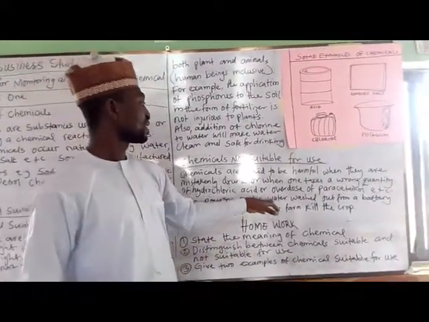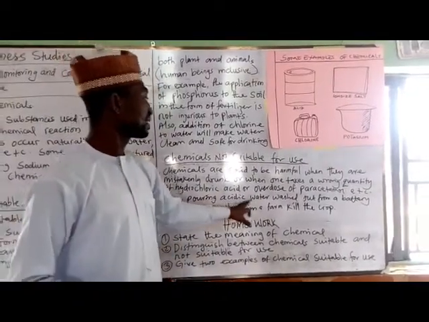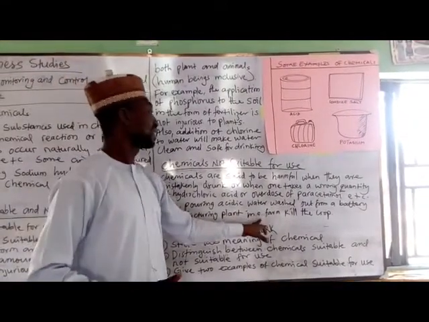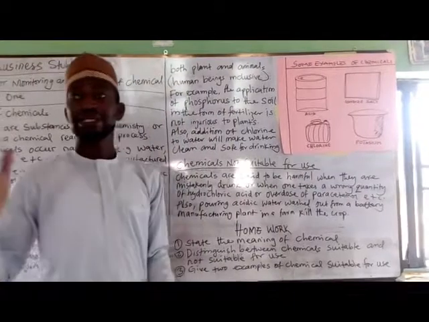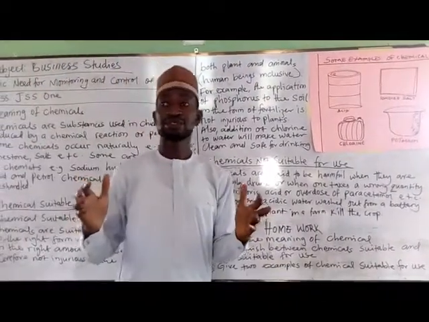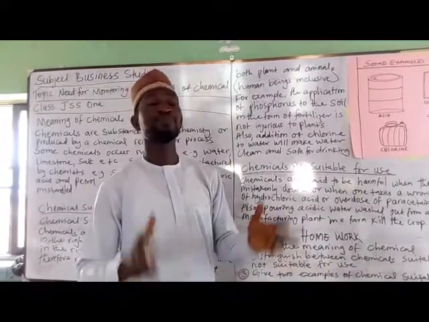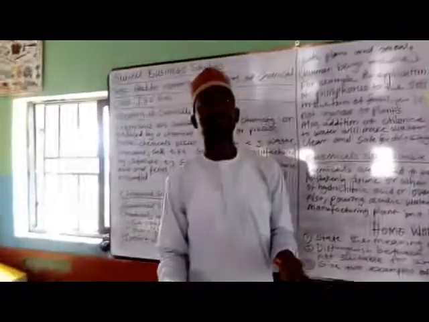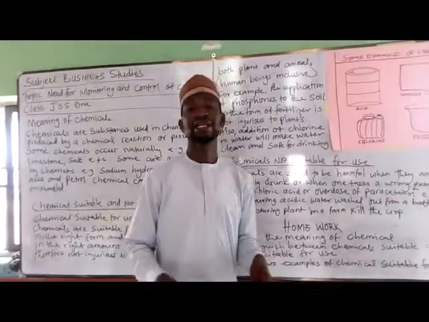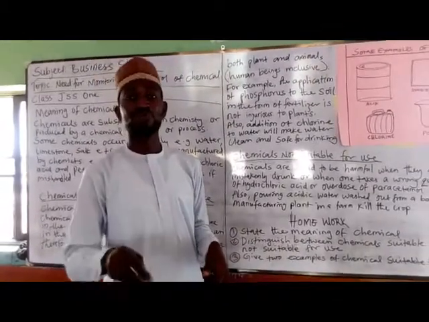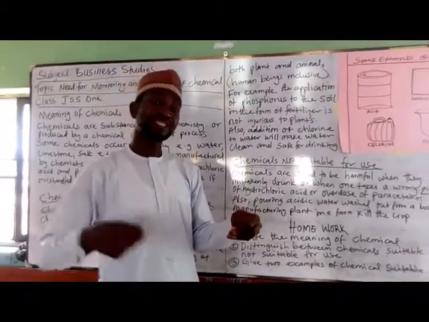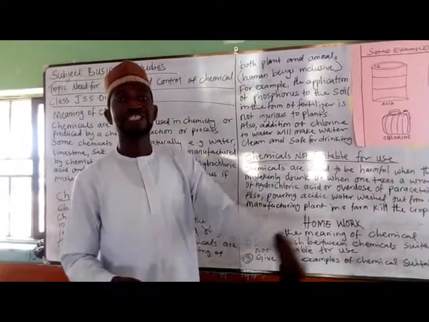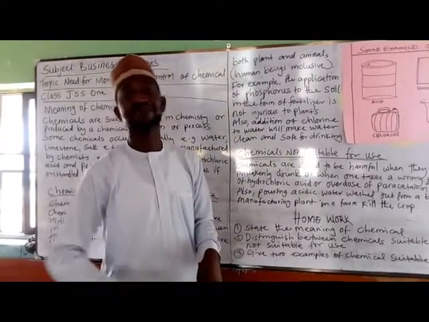Also, pouring acidic water washed out from a battery manufacturing plant is a farm-killer for crops. Some organizations produce the batteries we use in our cars to provide energy to the car. Before the battery can start functioning, there is need to put acid into it.